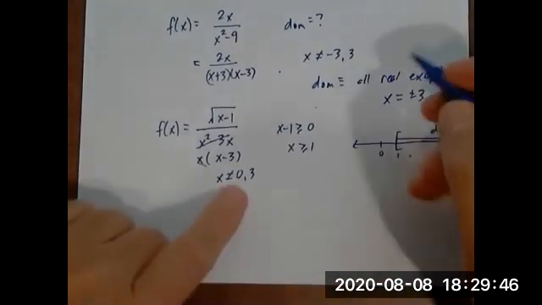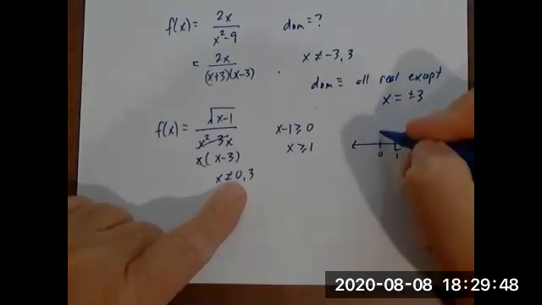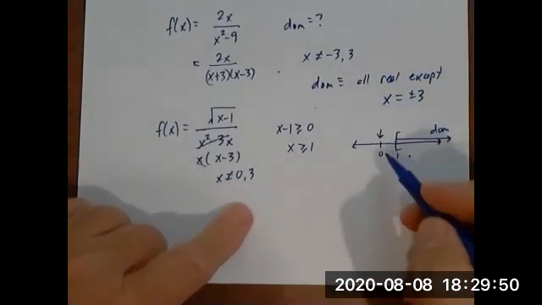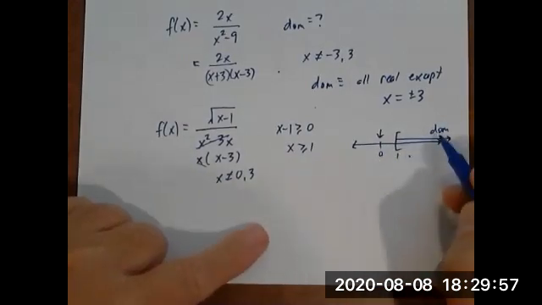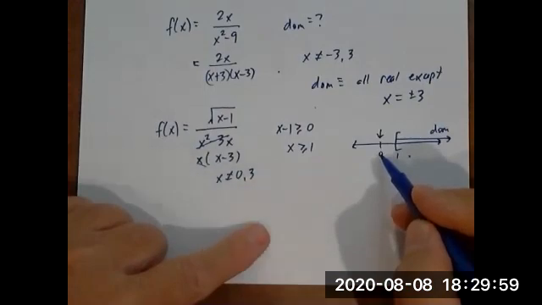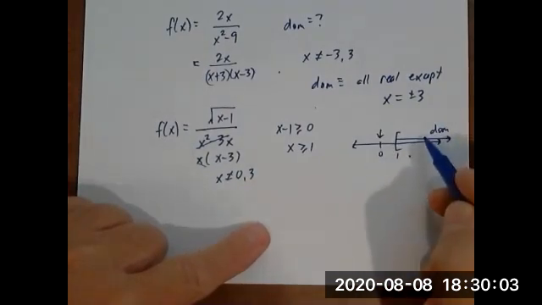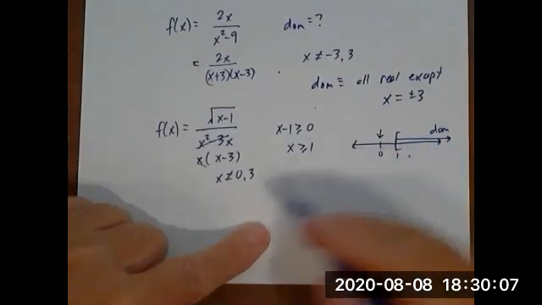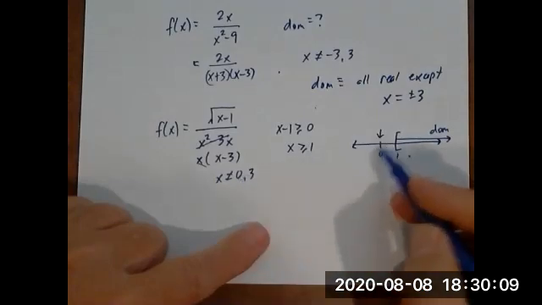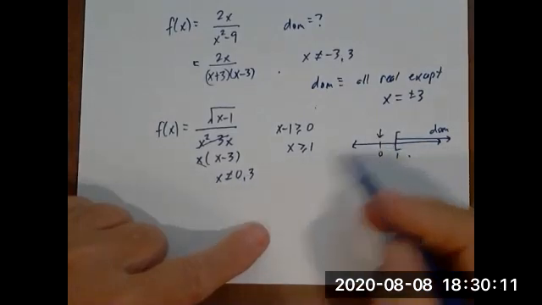In other words, x equals 0 is right here. I've got to make sure that is not in my domain. But what's interesting is, if I look at the domain of the square root, 0 has already been eliminated. It's like the square root part of it said, hey, 0 is not any good. So I don't have to worry about it. This has already been eliminated from the domain.